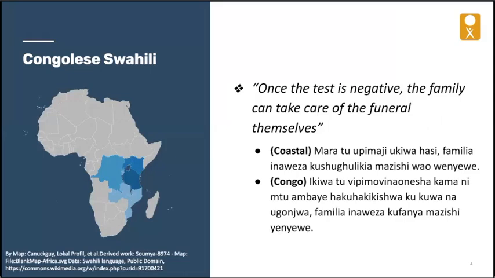So this kind of hints that a machine translation engine solely based on the coastal dialect translations would be kind of ineffective in delivering and receiving sensitive information like this. So that's why we embarked as Translators Without Borders to build a dialect-specific machine translation engine to aid the humanitarian relief efforts in the Democratic Republic of Congo.